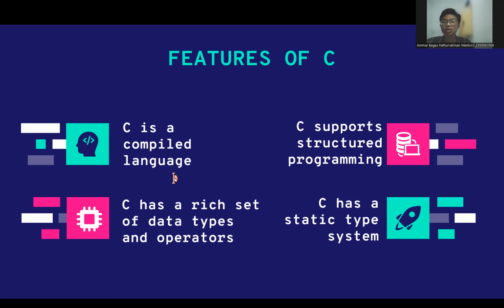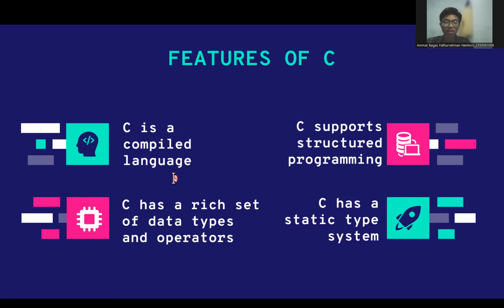Here are some of its key features. C is a compiled language, which means that the source code is converted into machine code before it is executed. This makes C programs efficient and fast.